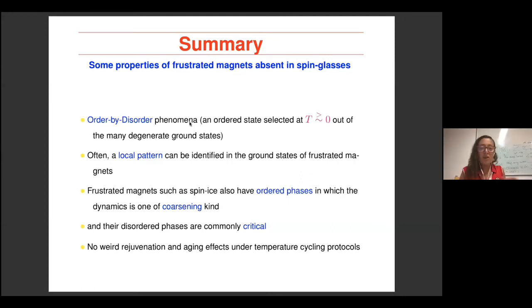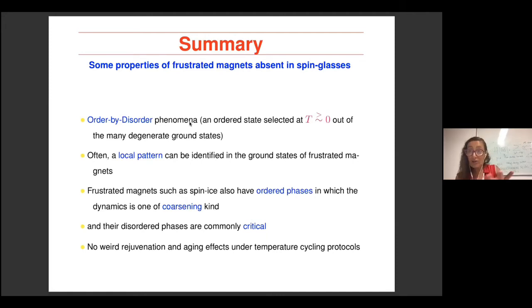Then there are frustrated magnets like spin ice, for example spin ice in 2 dimensions, or vertex models. They often have other phases as well as the order by disorder ones. In these other phases, you have usual coarsening phenomena and so on. Again, the other phases are not necessarily present in the spin glass problems.